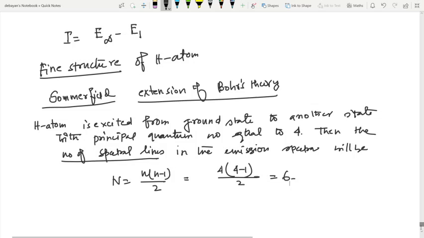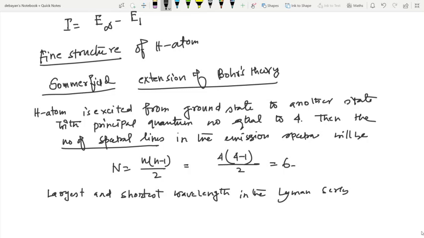So if we want to find the largest and shortest wavelength in the Lyman series. And of course, in what region of the electromagnetic spectrum does each series lie?